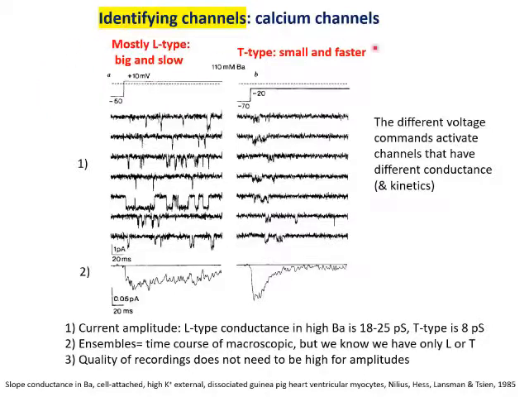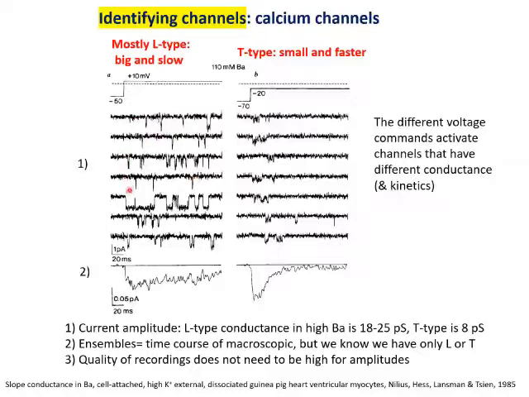These are voltage-activated calcium channels, and this is a cell-attached patch that is either depolarized from a relatively depolarized membrane potential to plus 10 millivolts, or from a fairly hyperpolarized potential to minus 20 millivolts. So you can see that the types of channels that we see in the two conditions are quite different.